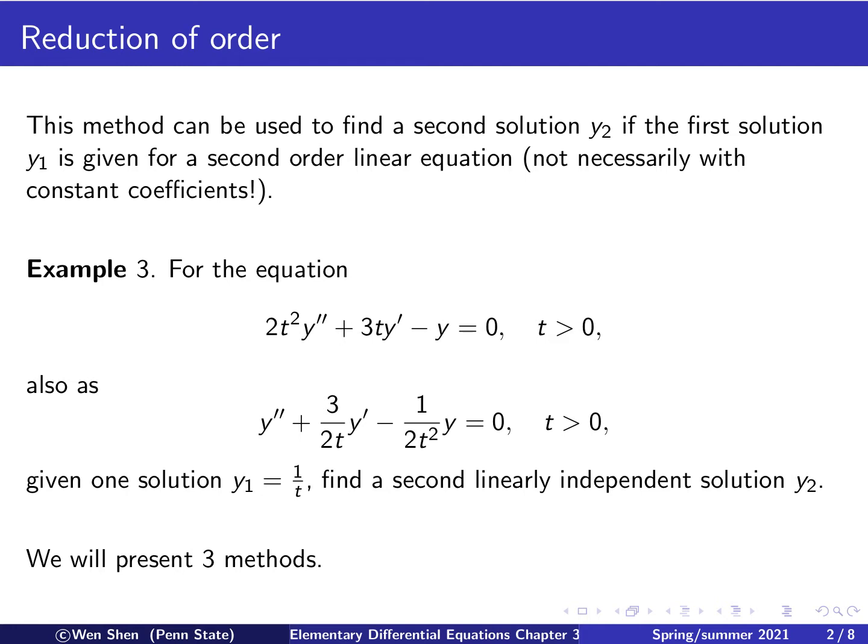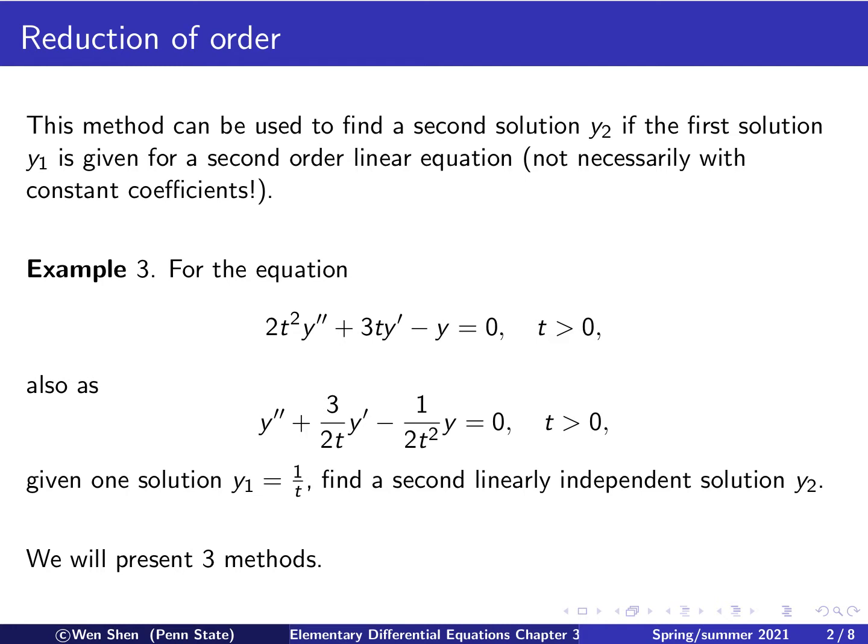For this equation, we are now given a solution. Let's say, provided that y1 equals 1 over t is a solution, the job now is to find a second solution, linearly independent, and let's call it y2.